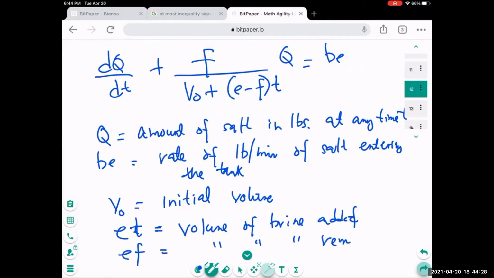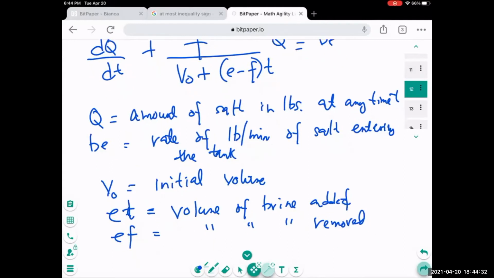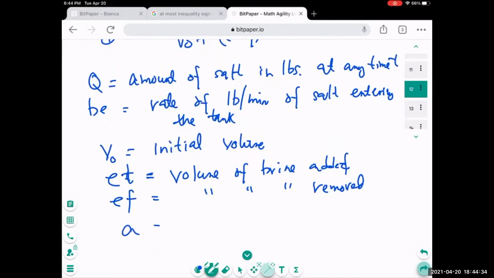And then a is the amount of salt. Okay, that's it. So let's list what is given in the problem.